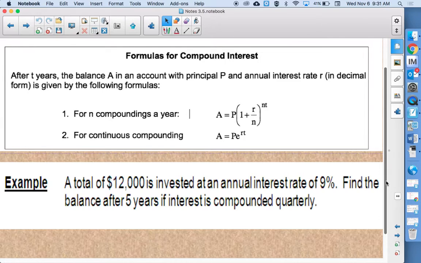So the first one is, N stands for compoundings. When your money is compounded, that's like you earning interest each time. So compounding means your new amount is calculated, which is how if you have a mortgage or a car payment, or your college loan when you get there, that's how banks calculate interest.